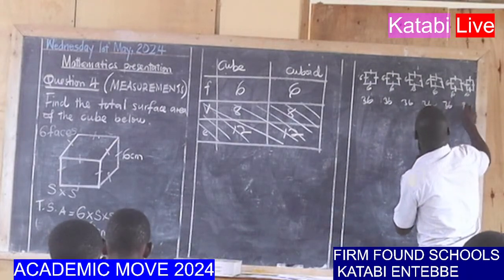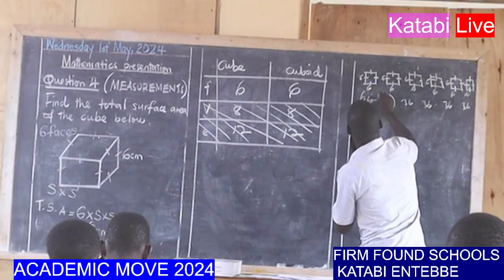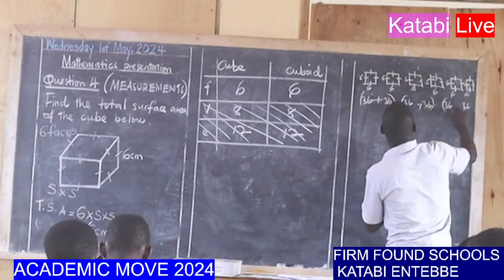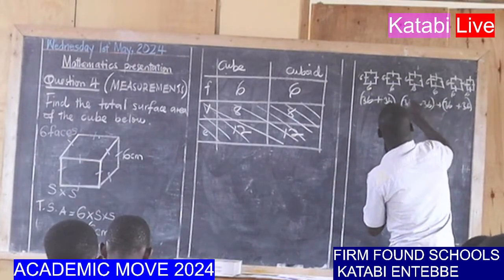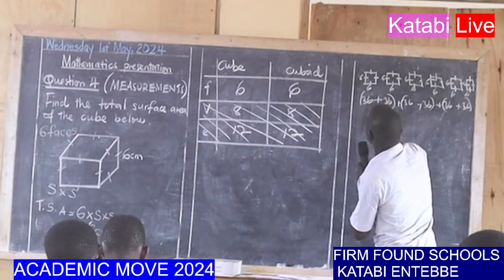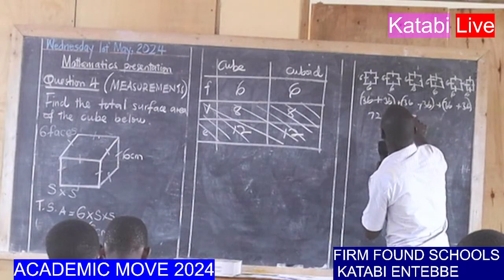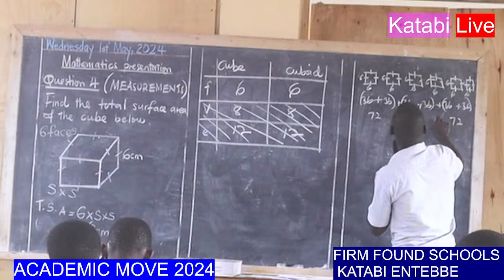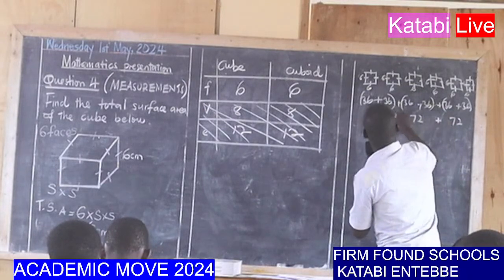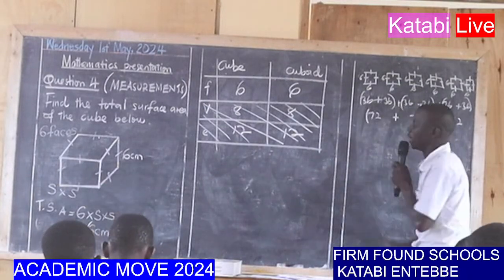What about here? Now, when I add the 2 here, the 2 here, the 2 here, 36 plus 36, I get 72. So when I add my 2 72s, I get what?